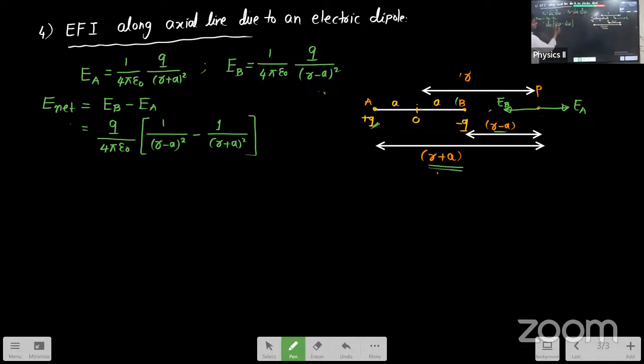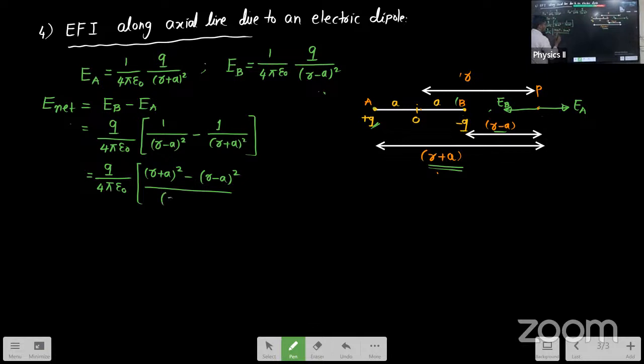Now let us cross multiply this. If I cross multiply, this will become Q divided by 4 pi epsilon naught. This (R plus A) whole square will come here, (R plus A) whole square minus (R minus A) whole square, divided by (R minus A) whole square into (R plus A) whole square.